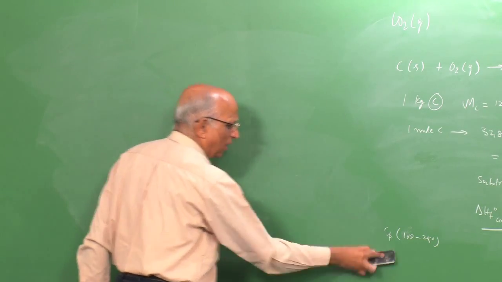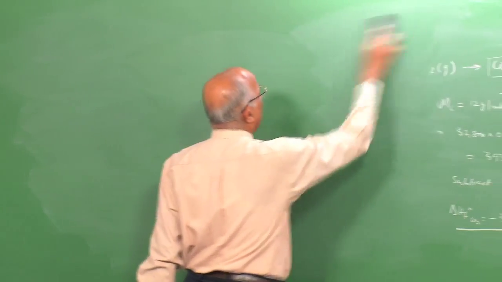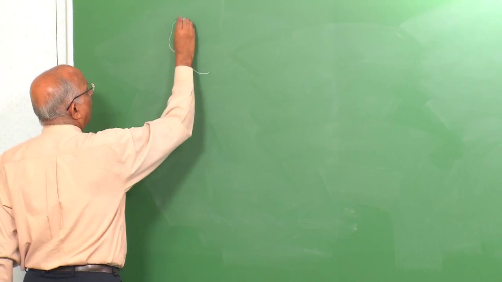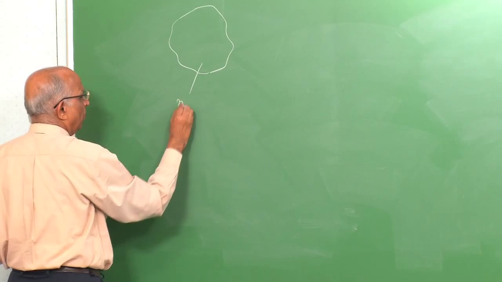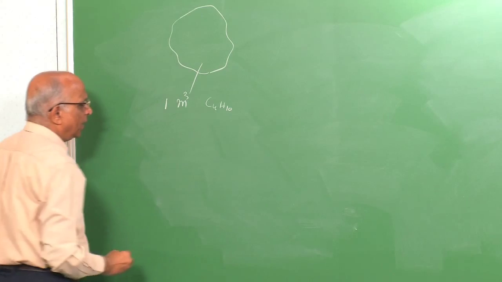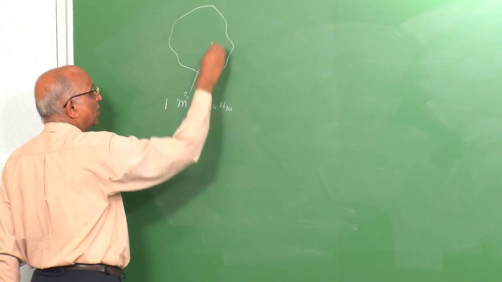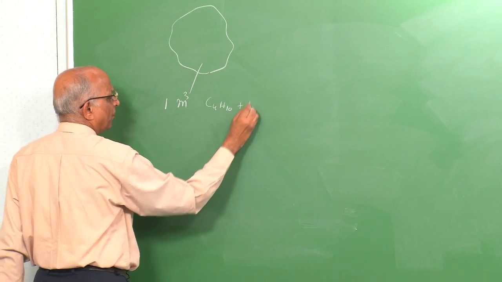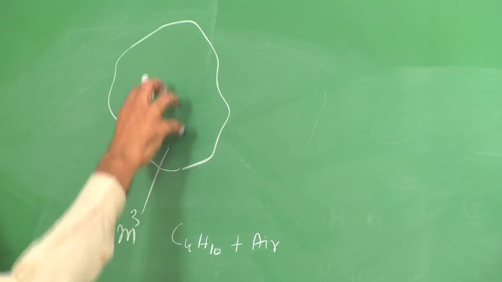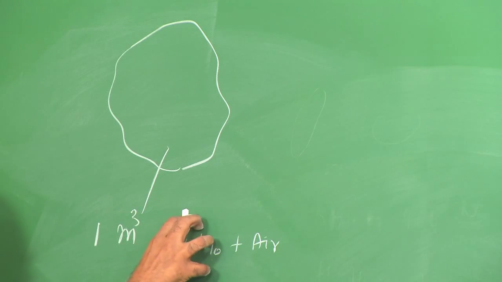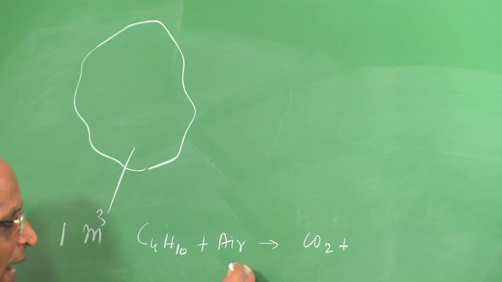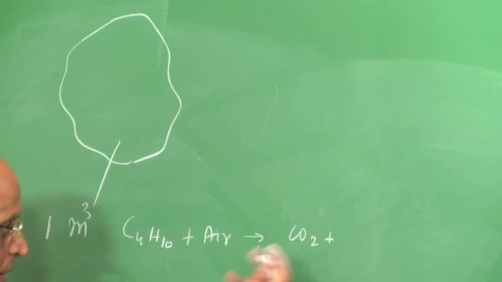Let's put that together for one particular problem. Supposing I have a given volume, let us say 1 meter cube of butane gas C4H10, and this butane gas is mixed with air in some proportion, and chemical reactions occur between the butane and air mixed together, and they form products which are, let us say, CO2 and some other substances.